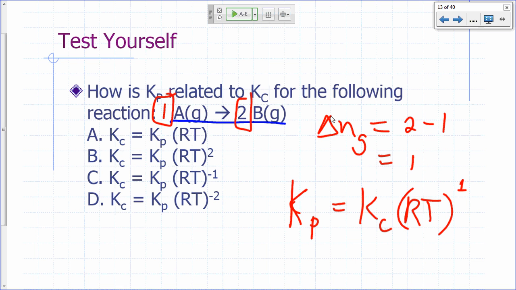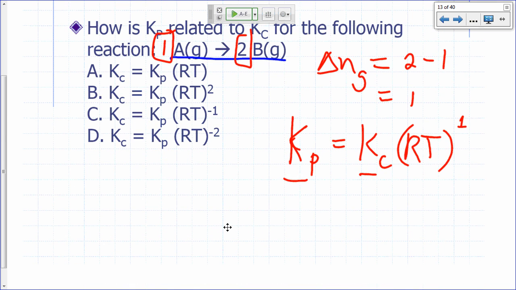Do you have any equation that shows that? It's Kp on the left, Kc on the right. There's no right answer. Yes, there is. Because what if I divide both sides by RT? Divide both sides by RT. What do you get?